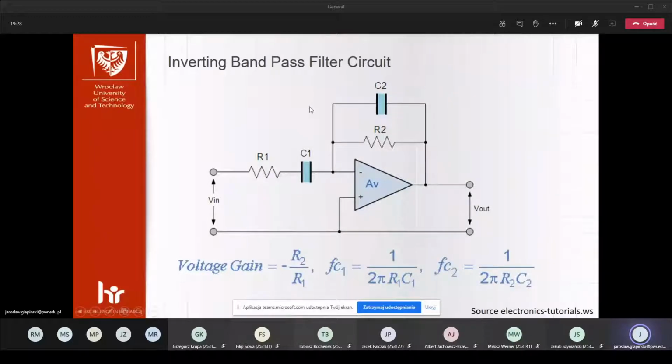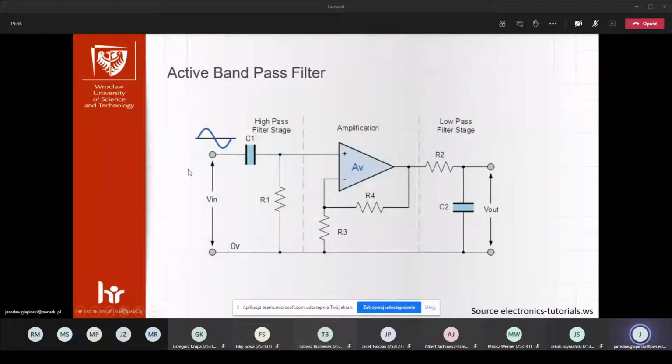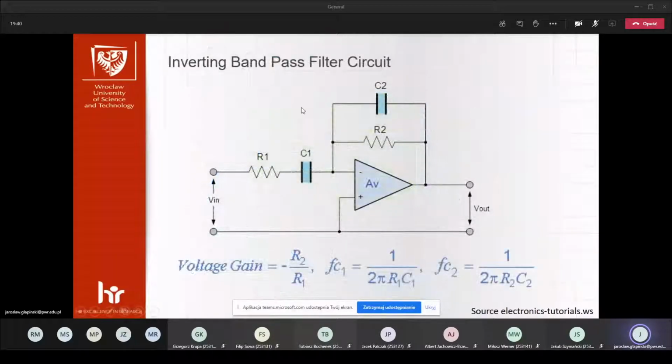This is another situation where we can design a filter. Here we have two filters in series in one circuit. The gain is determined by the ratio of these two resistors, and the cutoff frequencies of the low pass and high pass filters are determined by these capacitances.